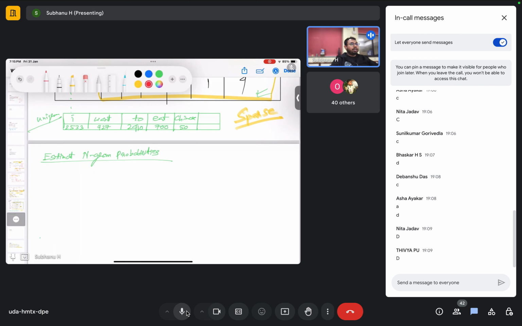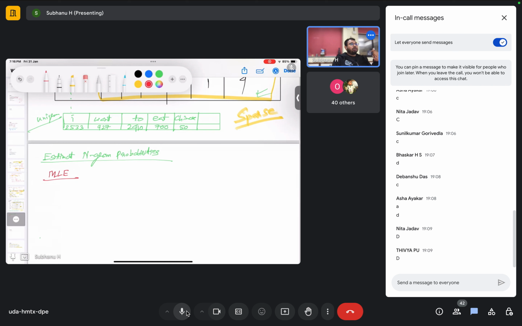How do we estimate them? We do it by MLE. MLE means maximum likelihood estimator. This is used to estimate the parameters of a statistical model, and it determines the most likely values of the parameters that would make the observed data most probable.